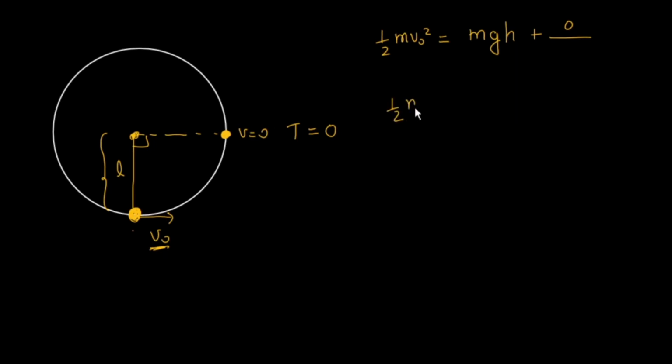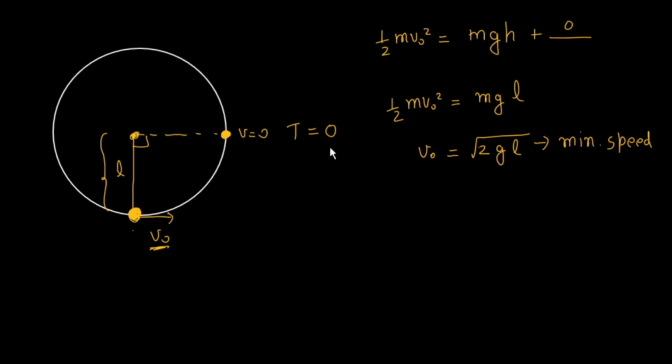So half m v naught square is equal to mgL. So my v naught is equal to under root 2gL. So this is the minimum speed that must be given at the lowest position to reach this point.